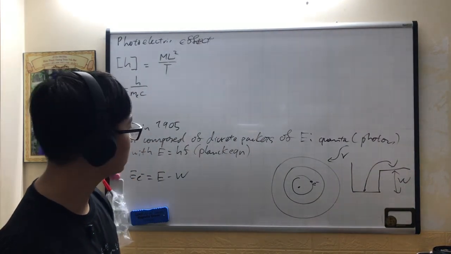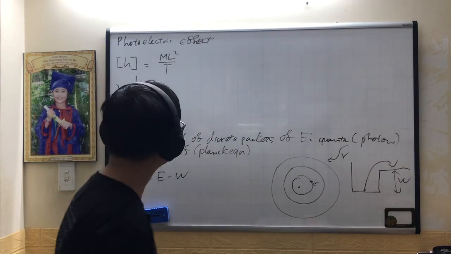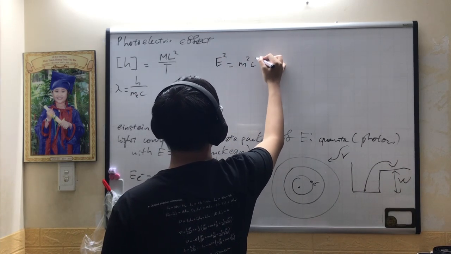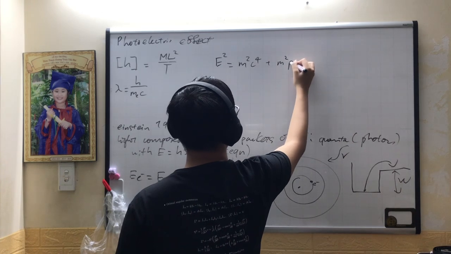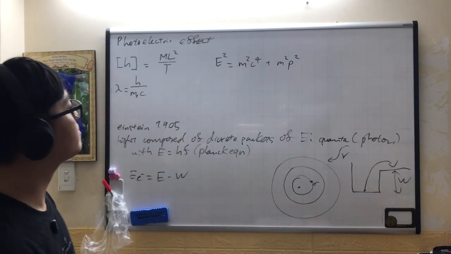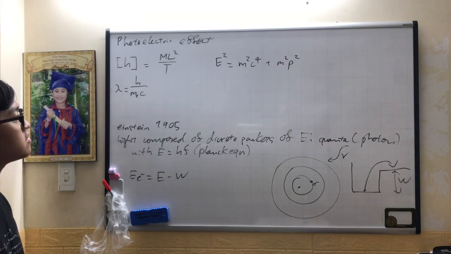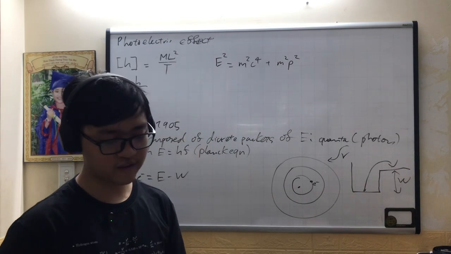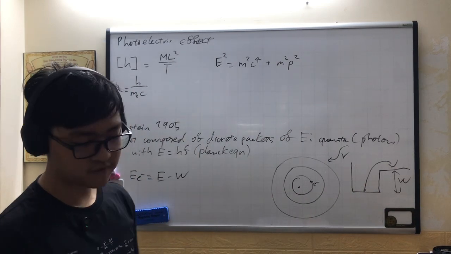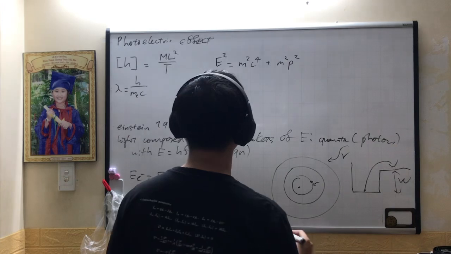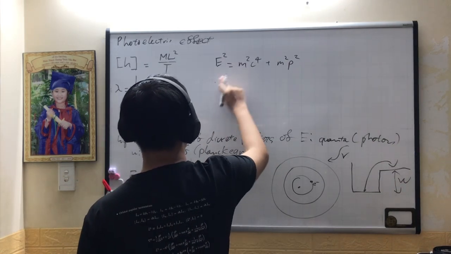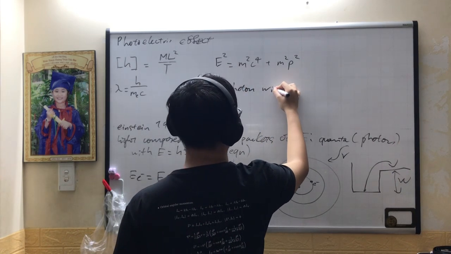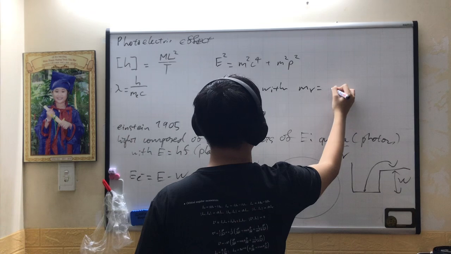Now we're going to move on to the Einstein equation, E squared equals m squared c to the fourth plus p squared c squared. You've probably seen this in relativity. This is the full Einstein equation, and from this we can derive an equation for a photon with mass equal to 0.